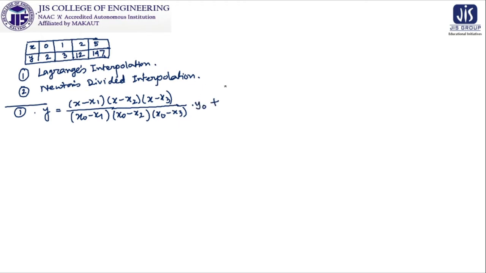Plus, in the similar manner, we are going to have four terms. I am not writing the terms explicitly because all of our viewers know this, as it was explained in the previous classes.